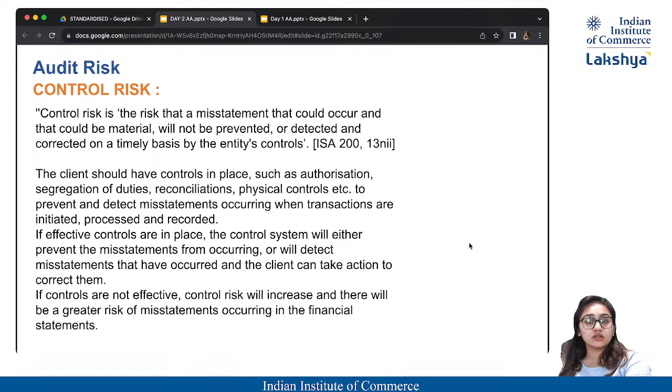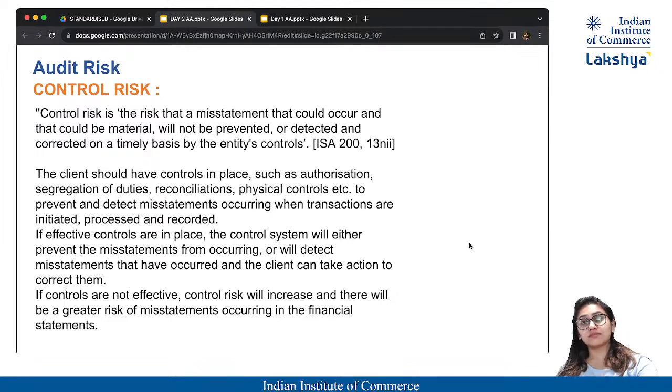If controls are not effective, control risk will increase and there will be greater risk of misstatement occurring in the financial statements. So as a company, if your controls are not strong, not proper, not up to date, control risk is going to increase. That is why you need to have good controls in place if you want to prevent the misstatement, and if not prevent, to detect it after it has happened.